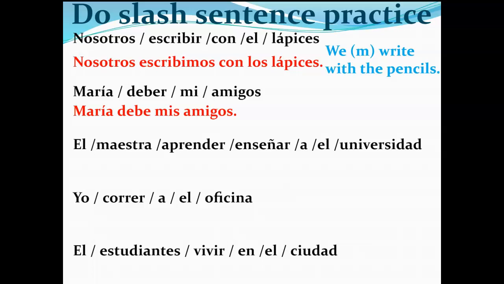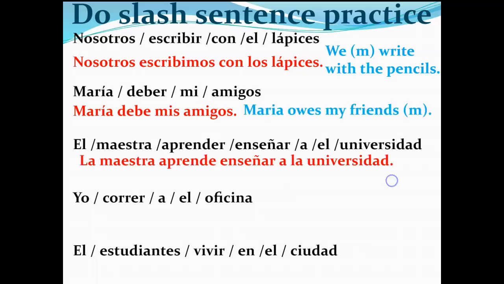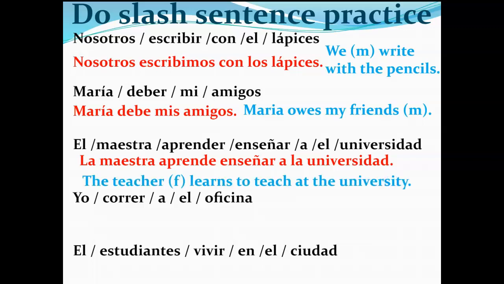It's a second noun that must be an infinitive because the teacher is not doing that action, she's doing the first action. And then a stays the same, el becomes la because anything that ends in dad is always feminine. So la maestra aprende enseñar a la universidad means the female teacher learns to teach at the university.